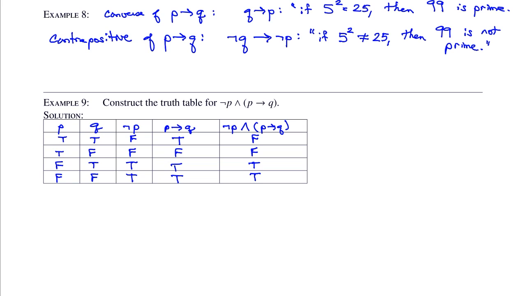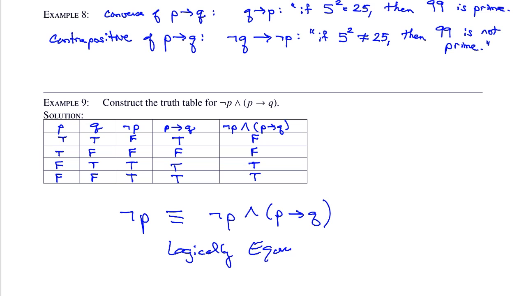They are logically equivalent. If you knew that they were logically equivalent, you wouldn't have to calculate the others. So what we write here is the following: not P is logically equivalent to not P and if P then Q. All right.